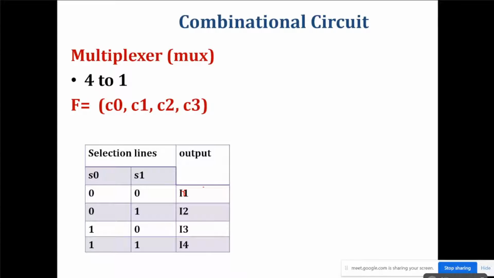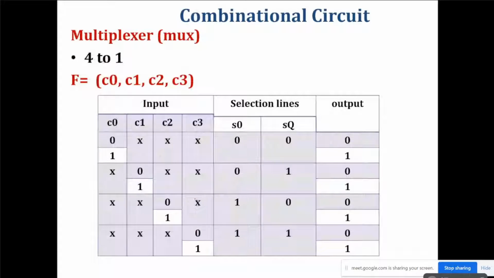Here the inputs are C0, C1, C2, C3. So here the elaborated truth table will be like this.